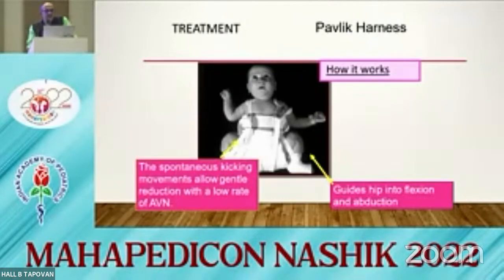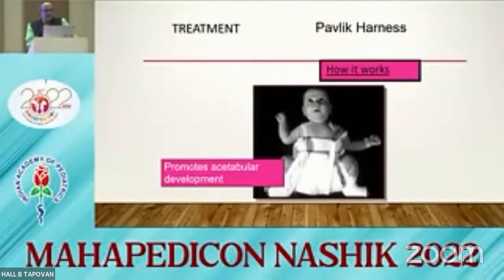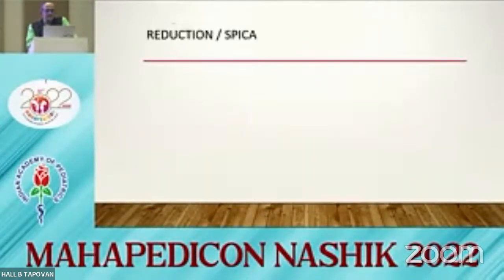It allows gentle reduction of the subluxated or dislocated hip with very, very low rates of avascular necrosis rather than forceful open reductions or surgery. It promotes acetabular development and is a very simple and effective tool to completely cure this disease.